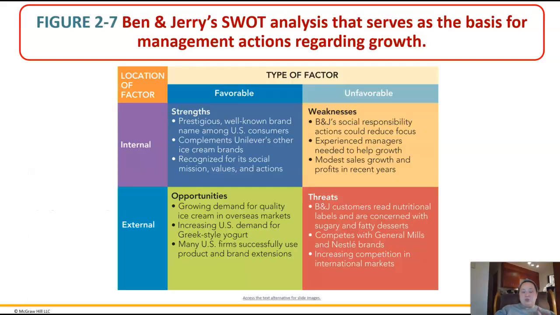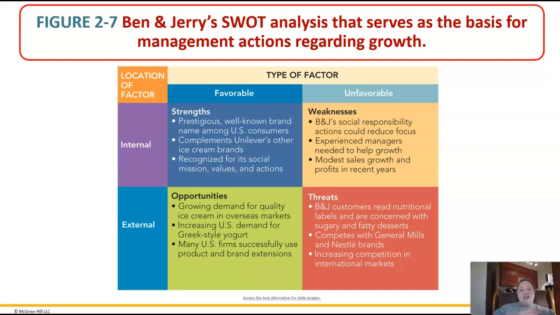So this is what you can look at in your text and the slides I posted for Ben & Jerry's that just shows some of it shows a SWOT analysis and how you would kind of assess a company in terms of where they're at that point in time.